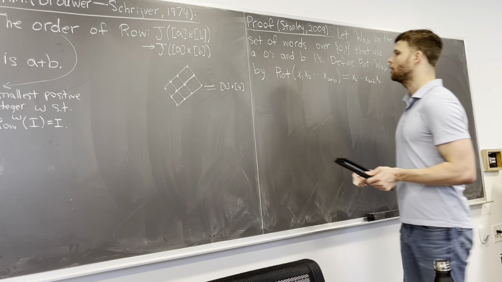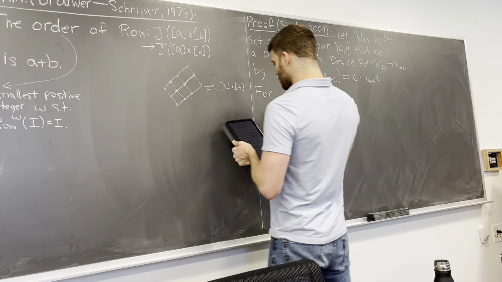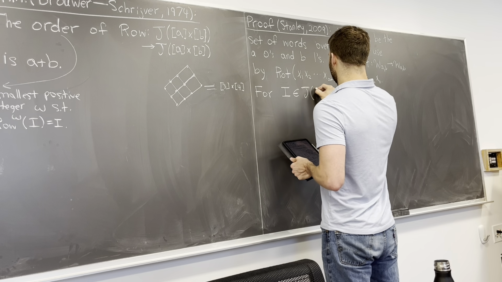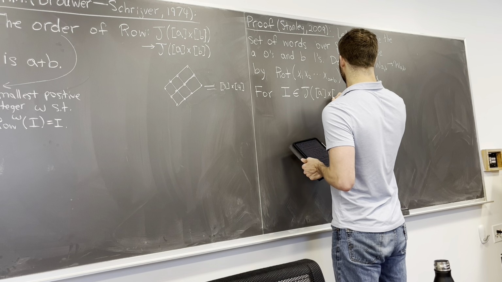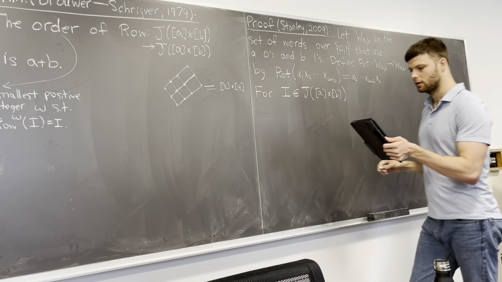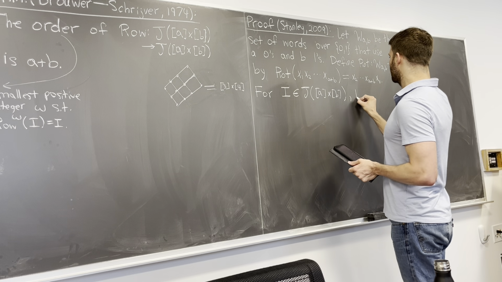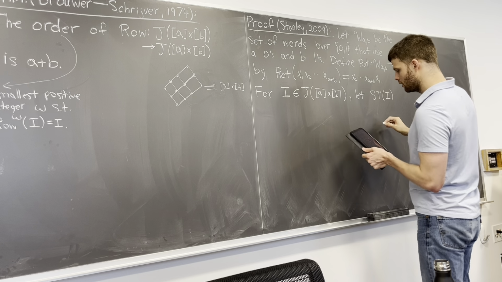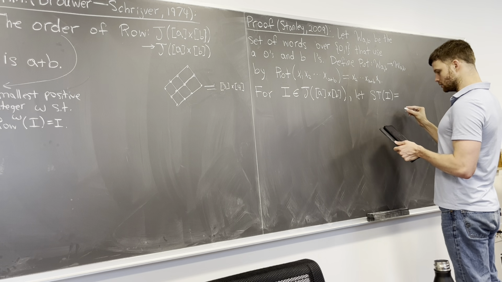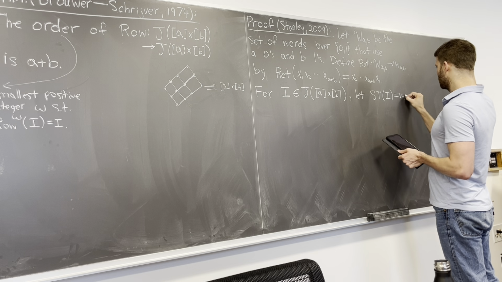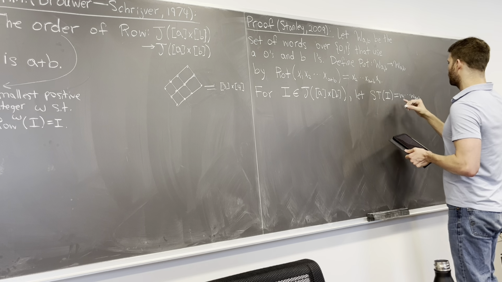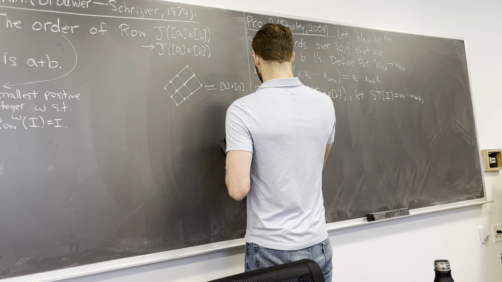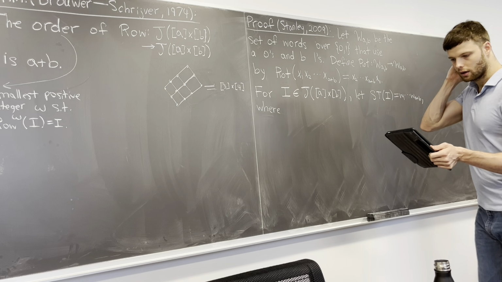Okay, so for an order ideal I in J of my product of two chains, I'm going to let ST of I be this word, W1 through W_(A+B). The way I define the letters is a little weird, but it's fine.